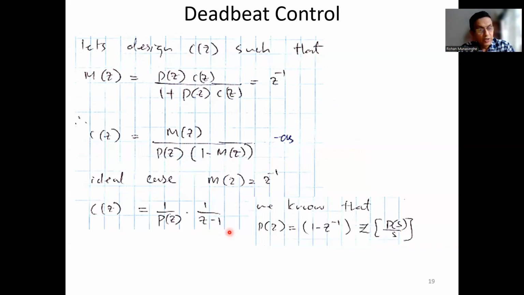So very simple, right? This is much simpler than what we were doing in continuous time plants or continuous time control development. What do you think? This is just a few lines of mathematics, right? It's not hard mathematics. You suddenly get your CZ.